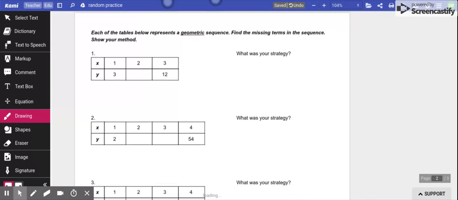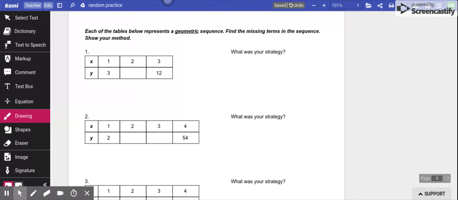Now I want to look at how to find the missing terms in a geometric sequence. Similar idea. I want to go from 3 to 12. But in order to do that, I have to multiply each term by the same value, which we call the common ratio.